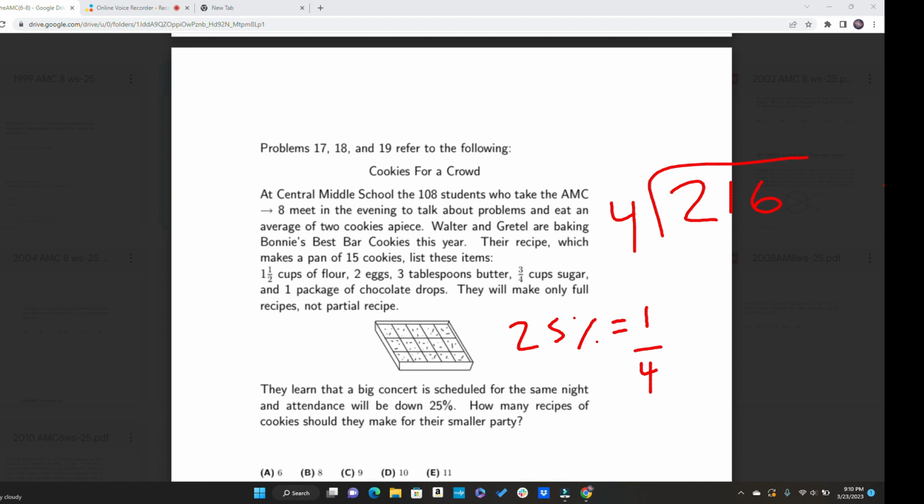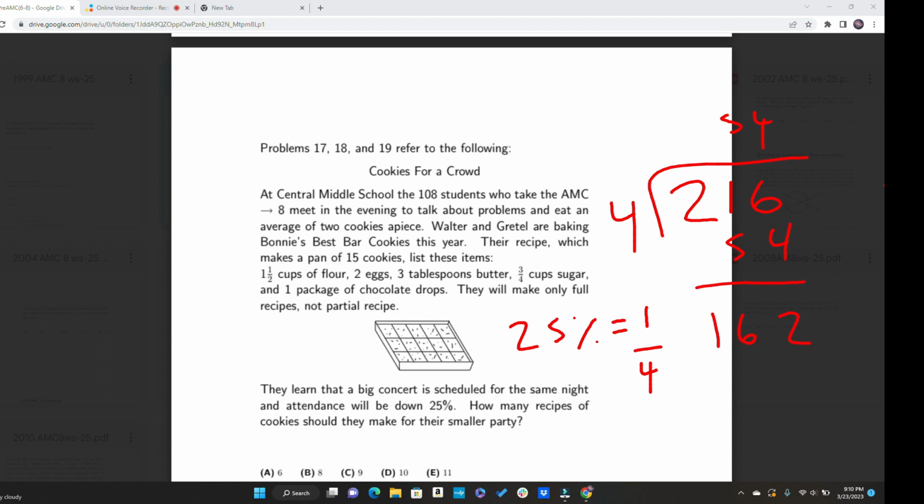So let's figure out how much that is. 216 divided by 4, 54, right? So we're gonna have 54 less people. 216 minus 54, that is 162 total people. So how many recipes of cookies should they make for the smaller party?